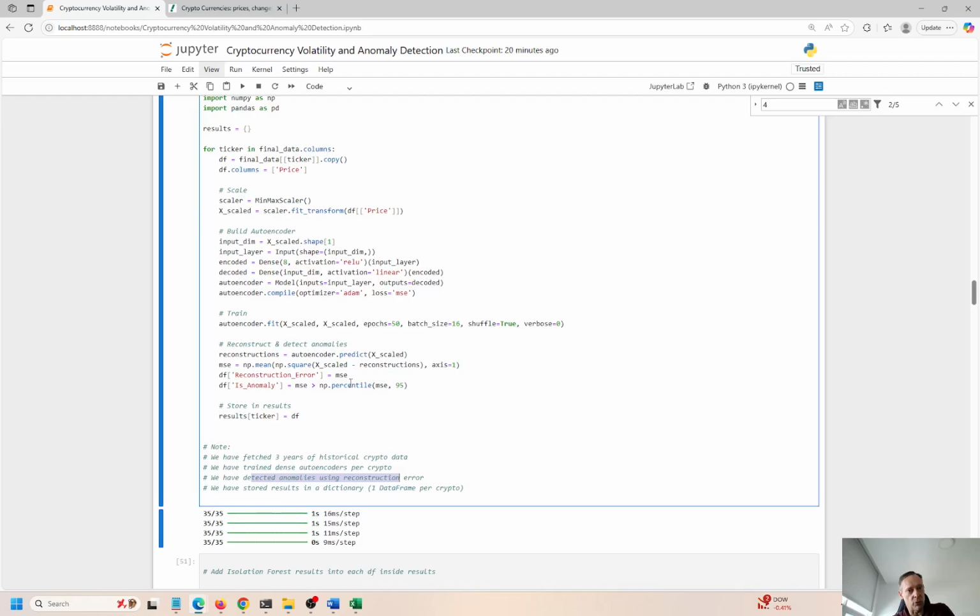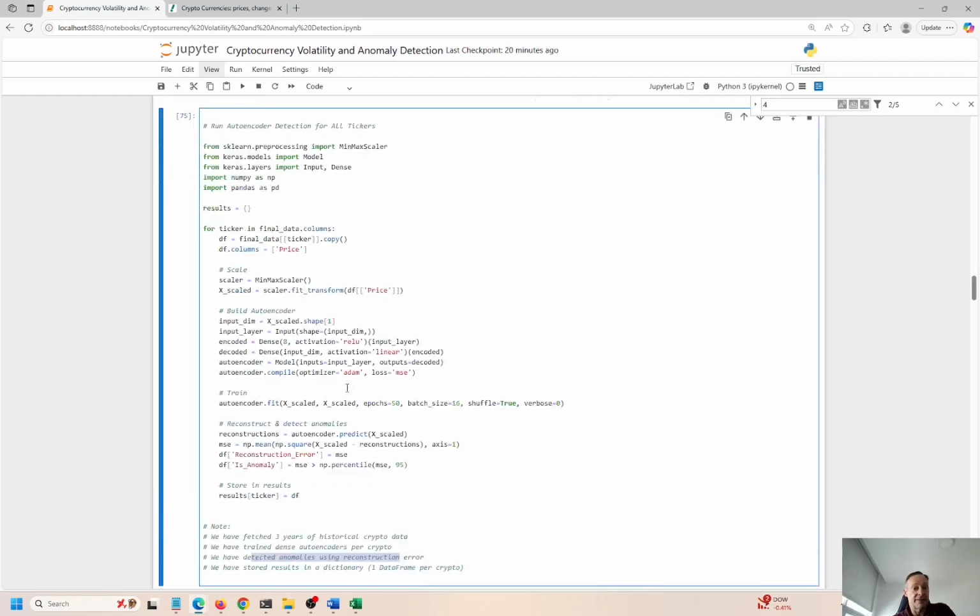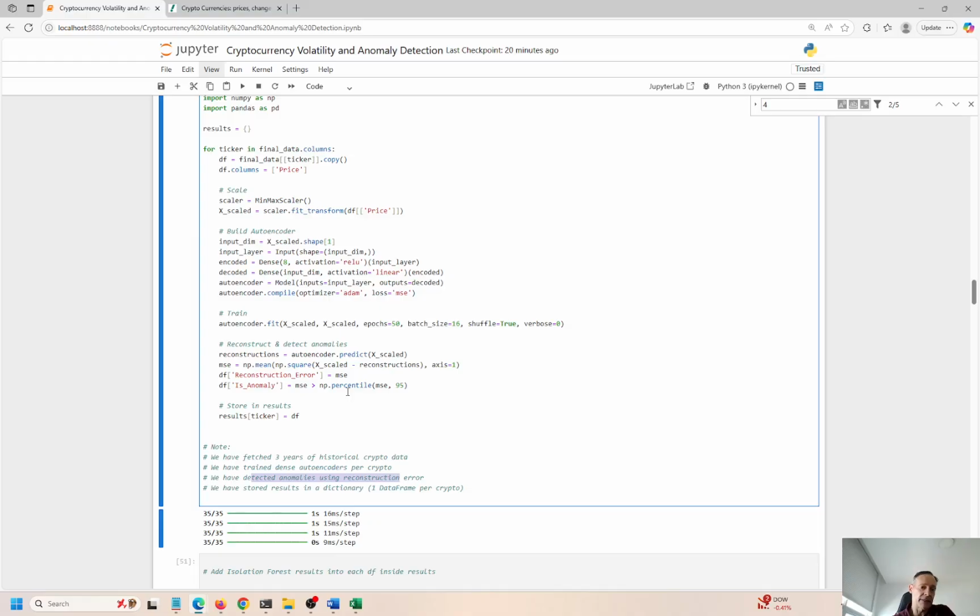This is part of the whole autoencoder detection process, right? And we store each result in the dictionary, again, based on the epoch looping process here, and then the outcome of each one. Okay, so that is what we're looking at here.